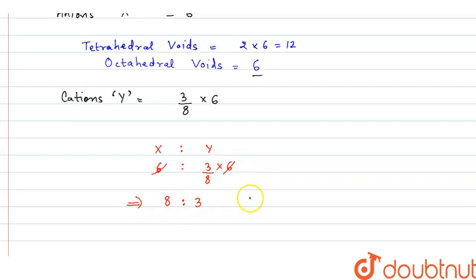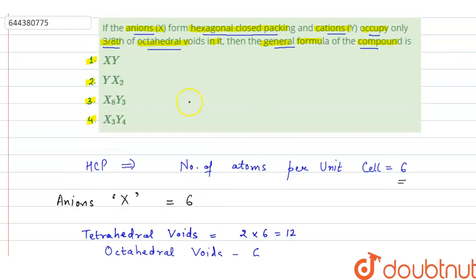Right, so this is the simplified ratio of X and Y. It means the formula of the compound is X8Y3. If we look at the options, X8Y3 is given in option 3. So option 3 is the answer. The correct option is option 3, X8Y3.